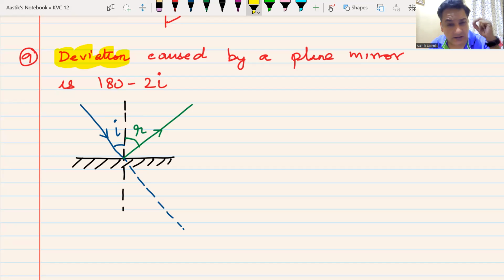Go for the English meaning of deviation. How much have you deviated from your path? You were going on a straight line, but now you have taken a turn. That means you have deviated from the path. That is the angle of deviation or deviation of the ray. Now, can you tell me what is deviation? How much have you deviated from your path? That is deviation. Anyone?